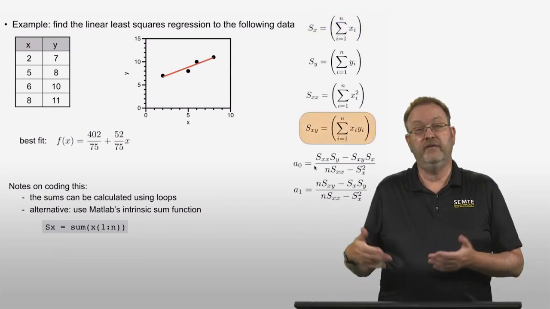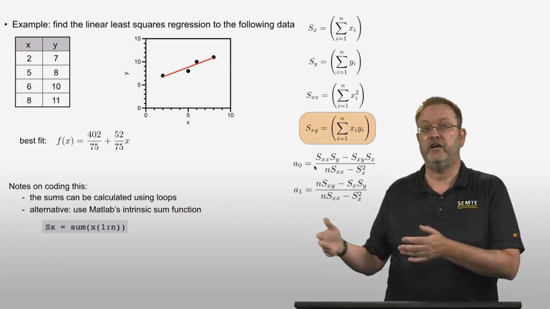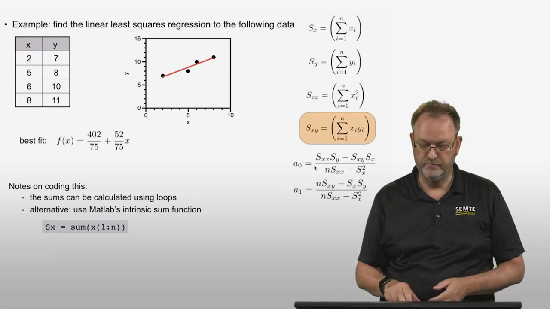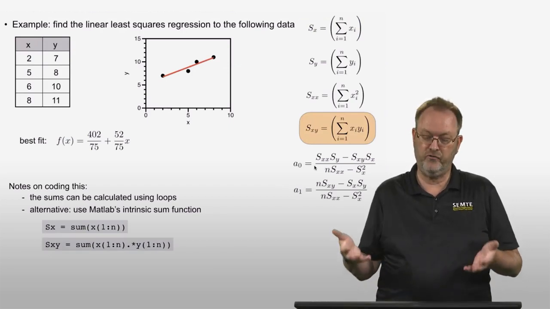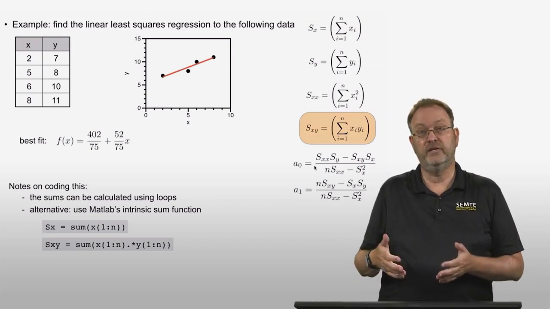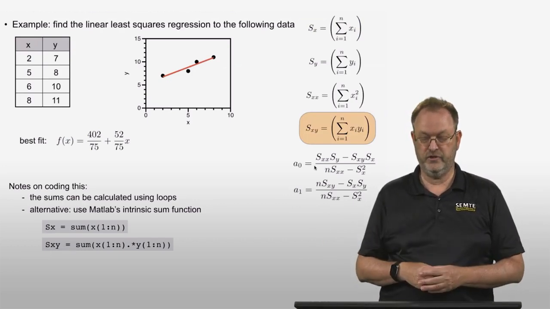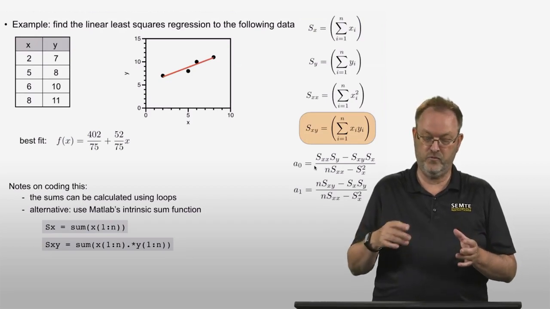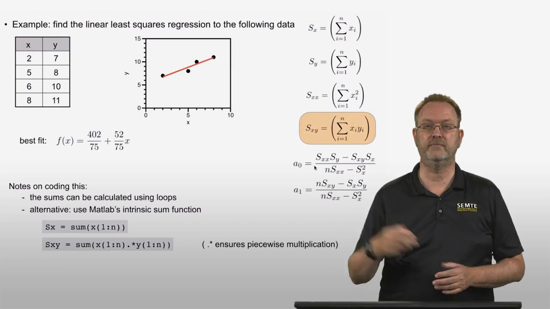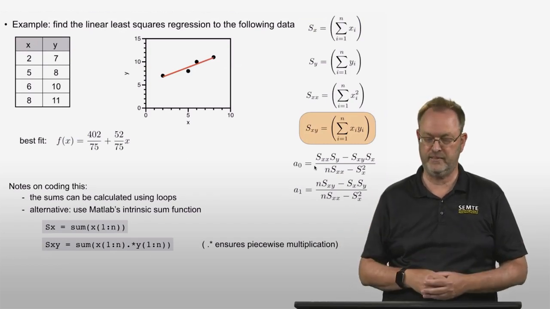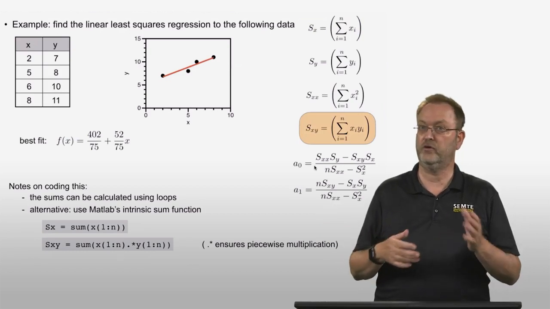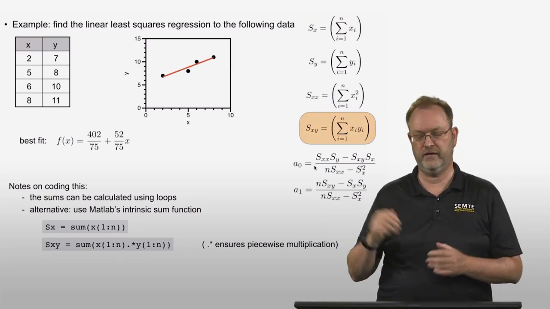We can do the same thing if the sum is over the product of individual entries in a vector. So let's look at Sxy. So Sxy would be the sum of what? Well, xi times yi. So if we do this in the sum function, we would take the entire vector x from 1 to n, and then we would do a component-wise multiplication, a piecewise multiplication, with the corresponding entry in the vector y going from 1 to n, so 1 colon n.